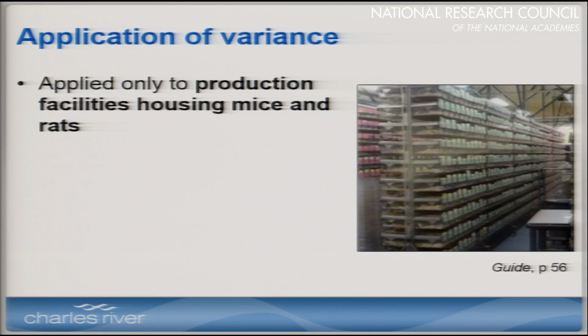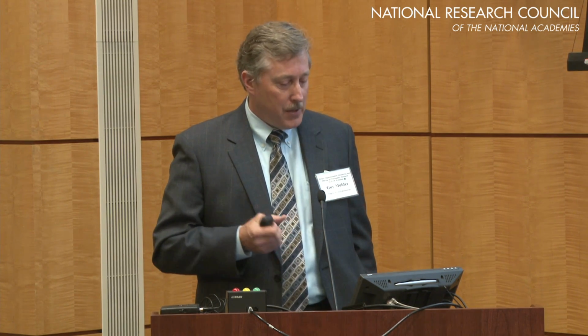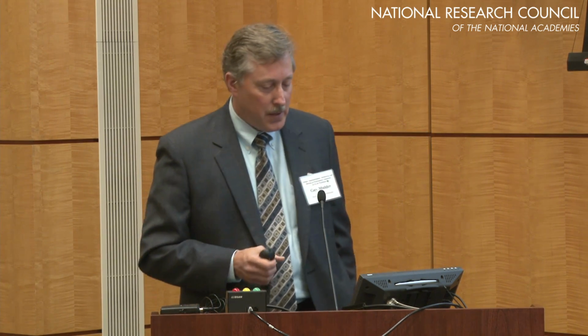So that was the issue, cage density of breeders and mice and rats. We weren't worried about hamsters, gerbils, rabbits, etc., strictly mice and rats. So we get very specific as far as where this application is applied. Where's the variance applied? In our case, it was applied to production facilities housing mice and rats. And importantly, we specifically stated it does not apply to animals that are experimentally manipulated.